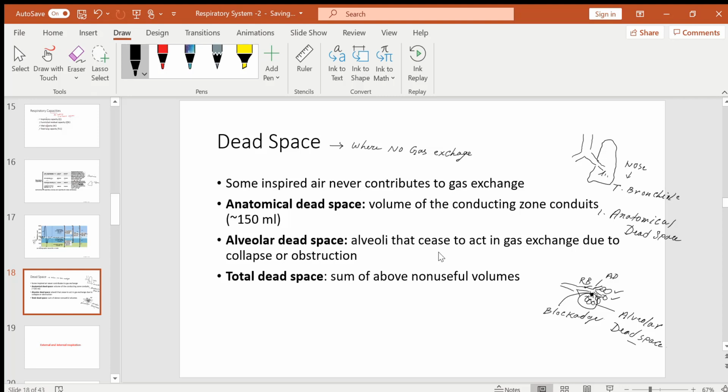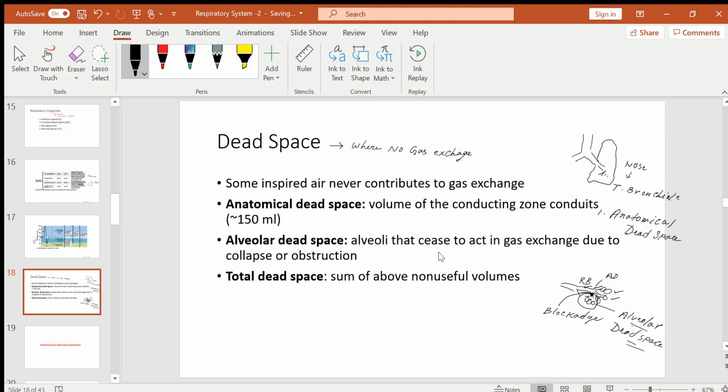So now the alveolar dead space can be created, and you can remove that blockage by medicine or dilating the bronchi, and then it will go back to normal functional alveoli, right? So the alveolar dead space can be changed by exercise, by medicine, right?